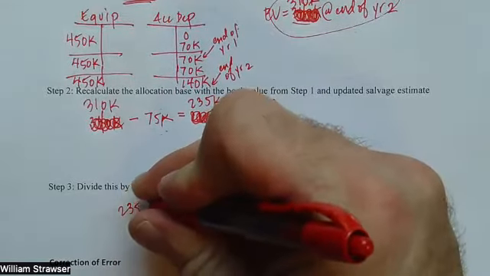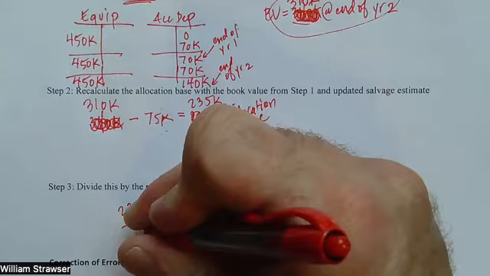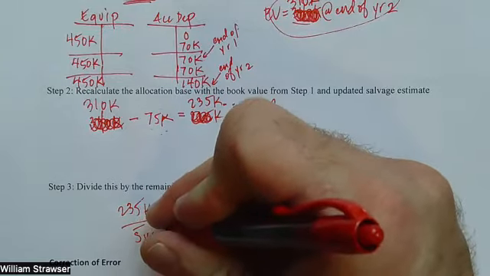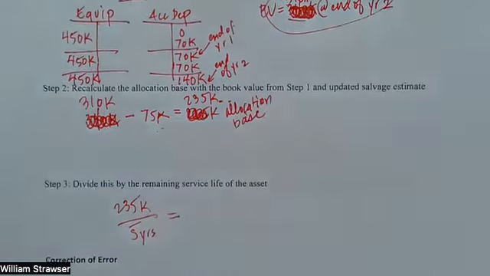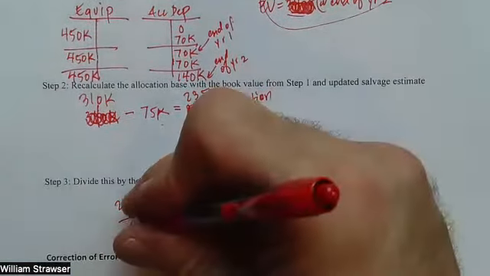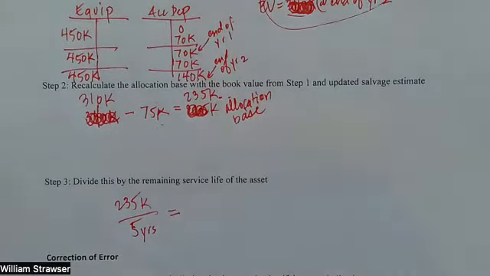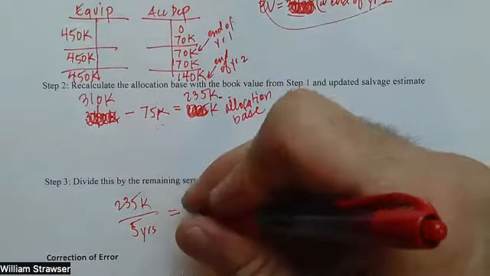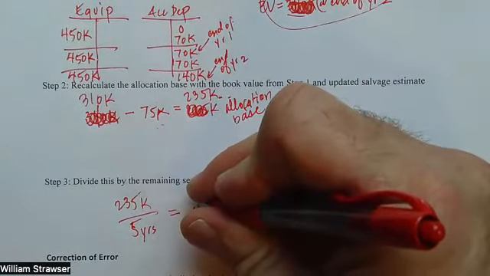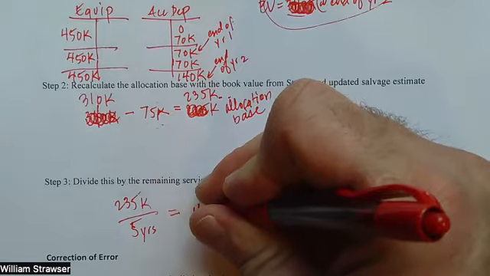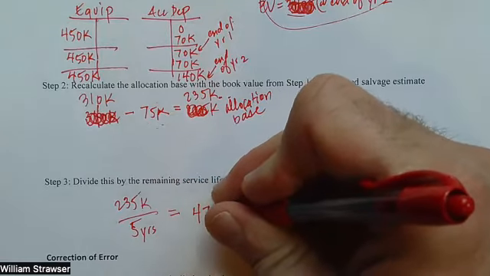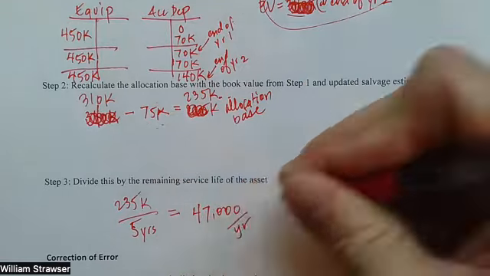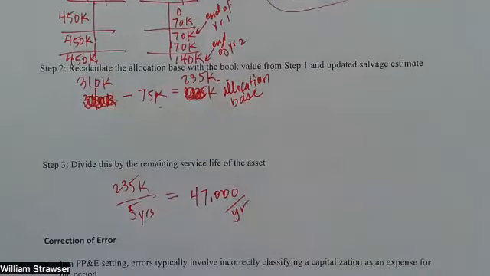I take the $235,000 I want to spread over those 5 years, and that gives me my new depreciation estimate, which comes out to $47,000 per year using a straight line method.